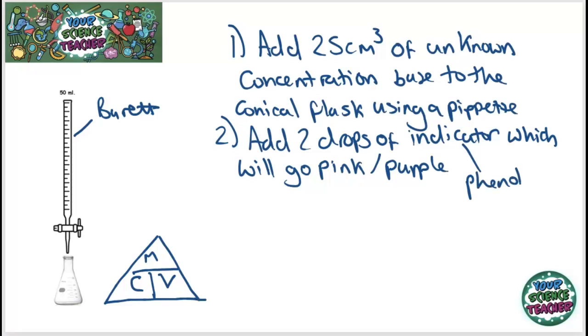You can use your own indicator if you know a different one, but I always use the same one. I always remember phenolphthalein: it goes pink in basic, and when it's in acidic it is colourless.